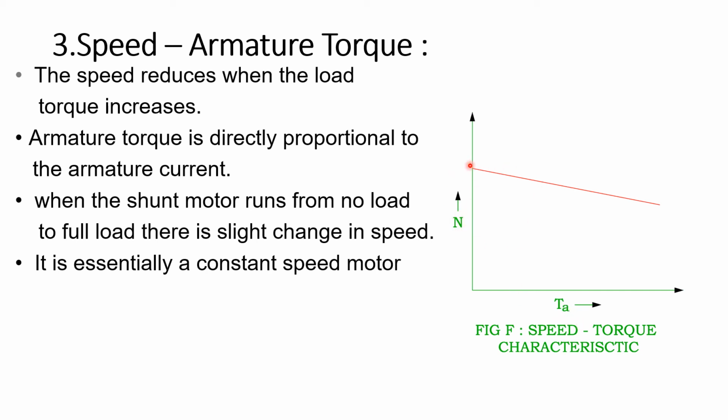Okay, so we can say that DC shunt motors are normally constant speed motors, because if we increase the load from no load to full load, there will be a slight change in its speed. So that we can say that the DC shunt motors are constant speed motors.